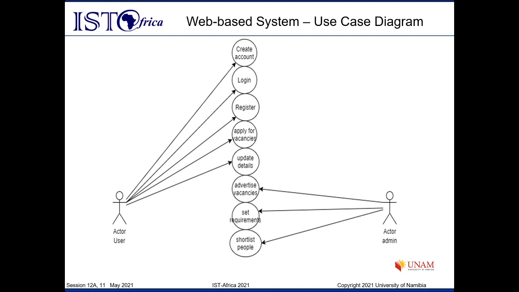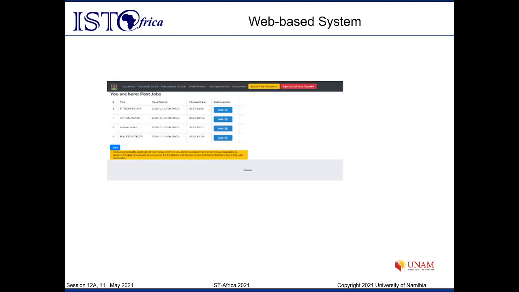To set requirements, actors are admin. The goal is to set up requirements, and the description is that the admin should be able to set up job requirements for the vacancies. The system was tested to check if it met the requirements.